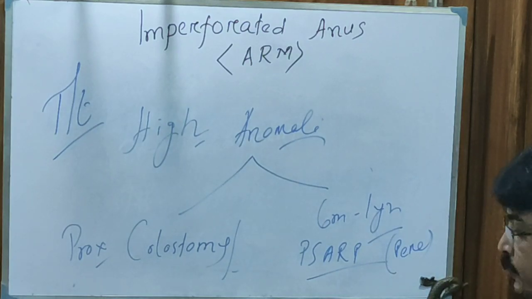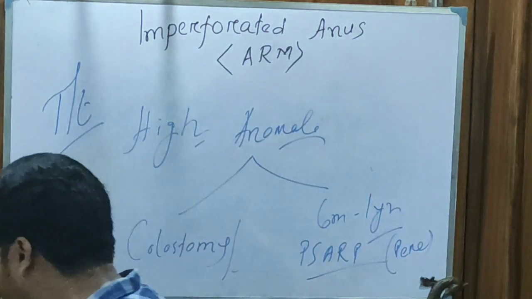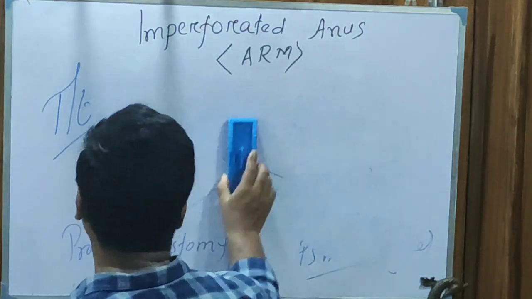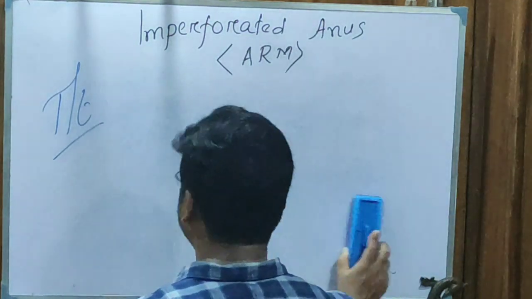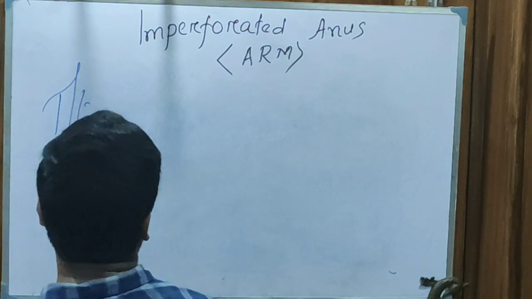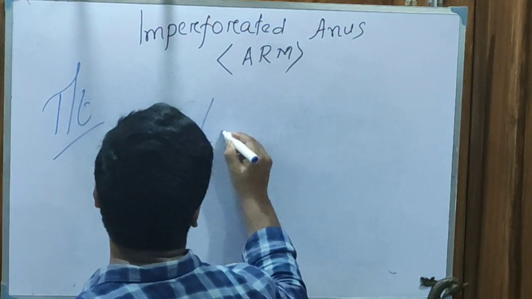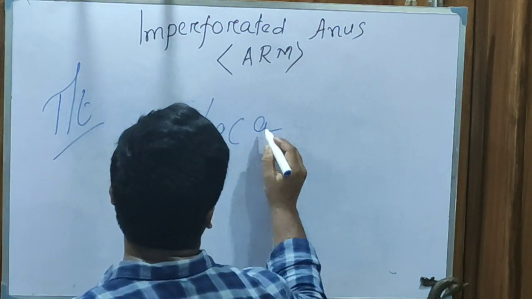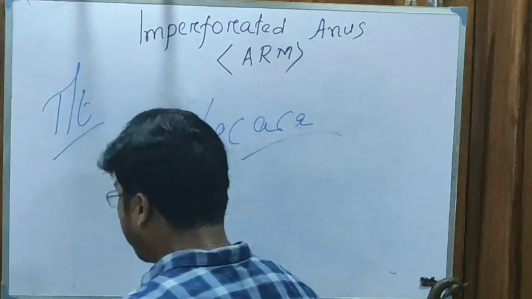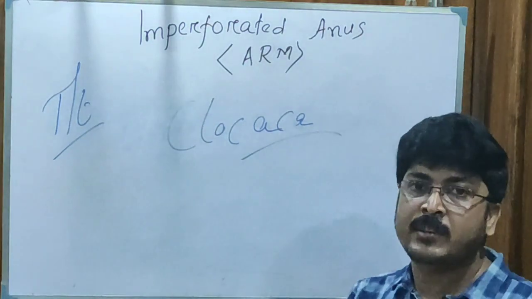What is the treatment of cloaca? The treatment of cloaca is a multi-stage procedure. It is not single stage, not two stage, and not three stage. Cloacal anomaly needs a multi-stage procedure.